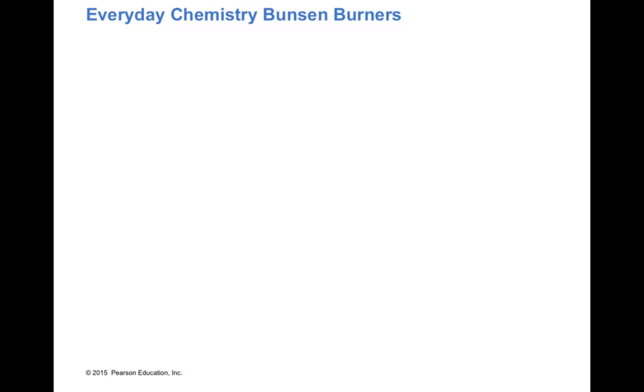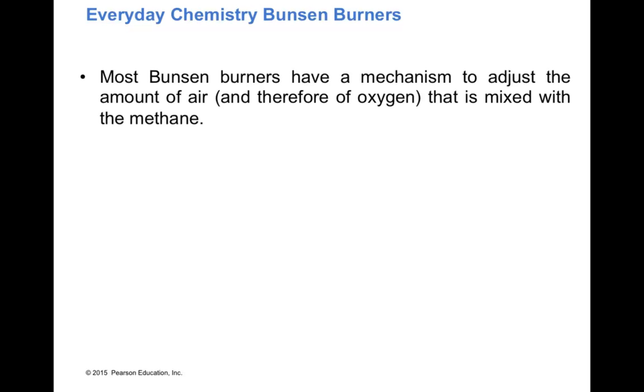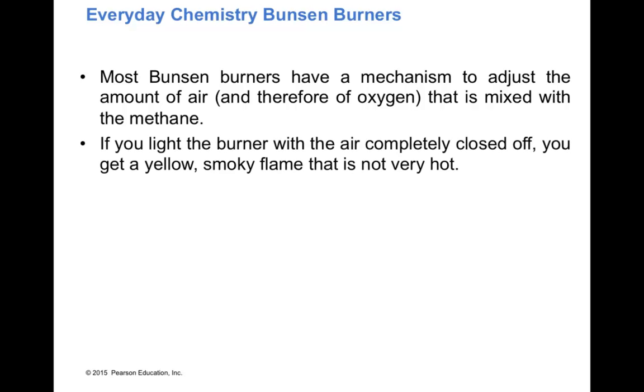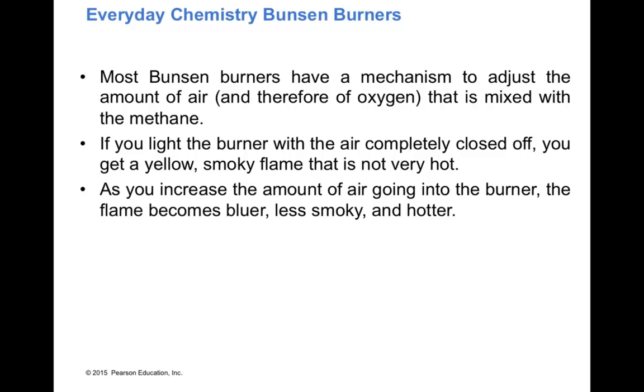So, everyday chemistry: Bunsen burners. Most Bunsen burners have a mechanism to adjust the amount of air, and therefore of oxygen, that is mixed with the methane. If you light the burner with the air completely closed off, you get a yellow, smoky flame that is not very hot. As you increase the amount of air going into the burner, the flame becomes bluer, less smoky, and hotter.